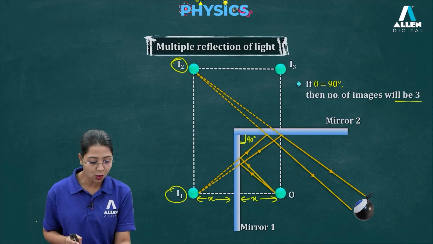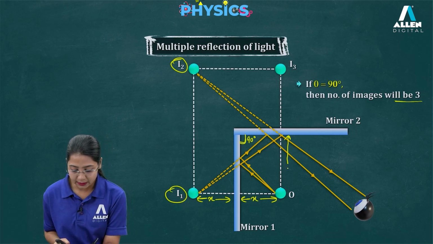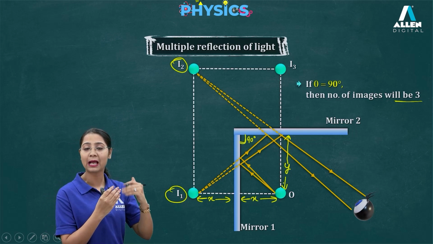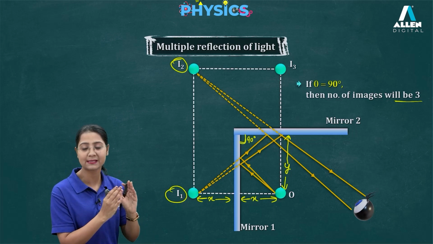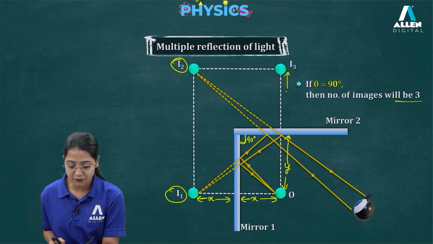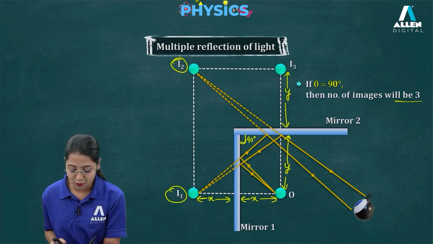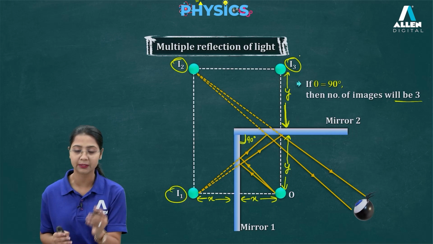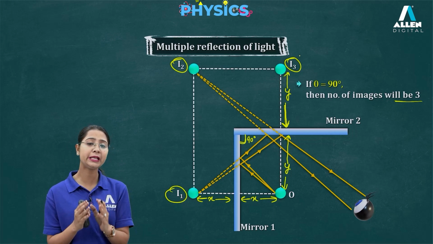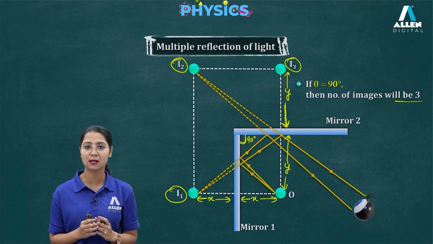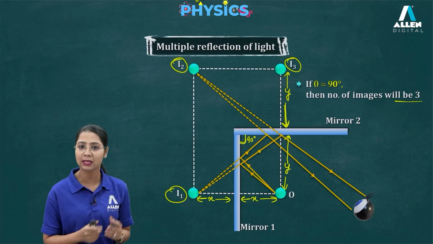Let's take the object to be at a distance y from mirror 2. Definitely behind mirror 2, one image will be formed at distance y from the mirror 2, that is I3. That means how many images are forming? 3 images are forming, I1, I2 and I3.